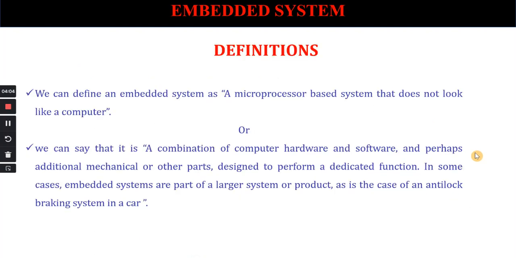So there are a lot of definitions for an embedded system, and some of them are described here. We can define an embedded system as a microprocessor based system that does not look like a computer. Now, we are dealing with computers in our daily life, but that is not an embedded system, because a computer, as a processor based device, will perform any operation which can be done by the users.